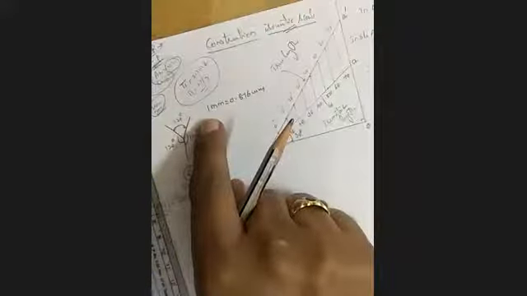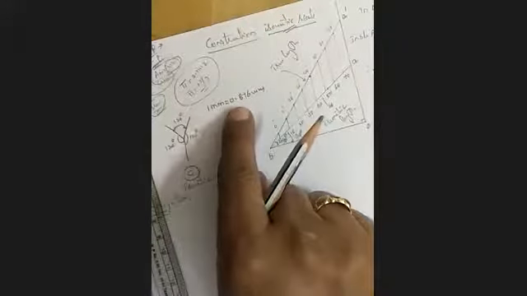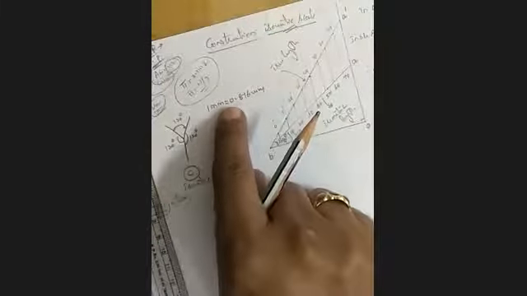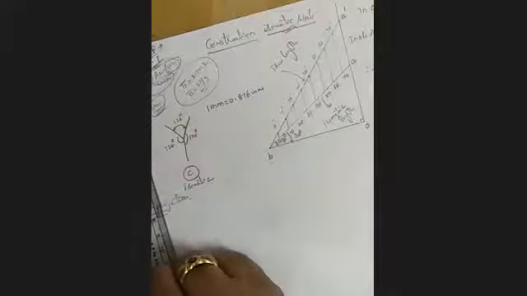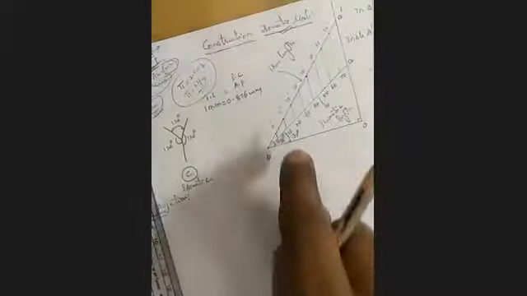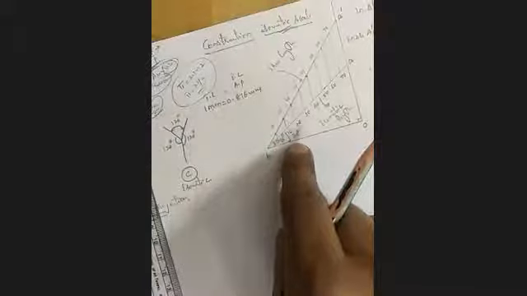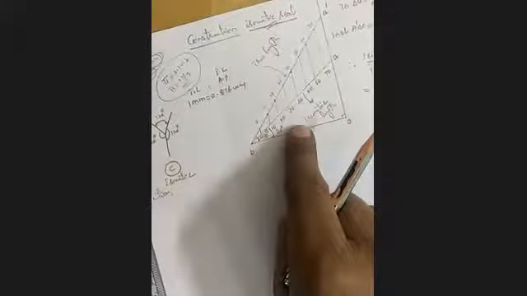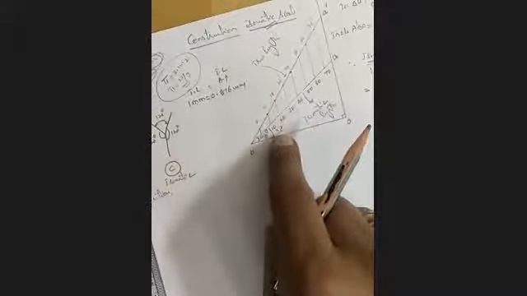If 1 mm is tilted at an angle of 30 degrees, its apparent length is how much? 0.816. This is called true length and this is called apparent length or isometric length. Because the angle is fixed, that's why we can evaluate.